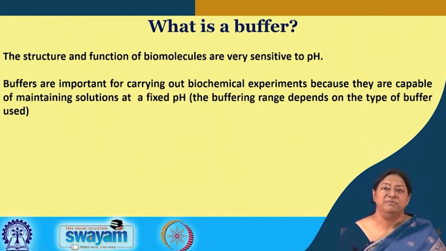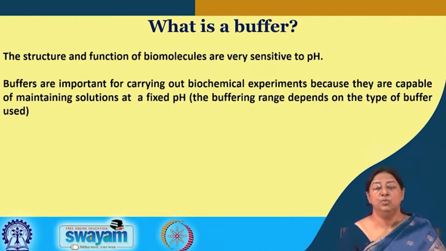So, if we look at the buffer, it is the structure and function of biomolecules that is very sensitive to the pH, and the buffers are important for carrying out these biochemical experiments because they are capable of maintaining solutions at the fixed pH. So, if we have a specific biochemical experiment that we are conducting, we want it to be at the specific pH of our experiment.